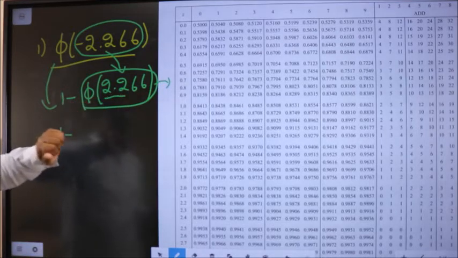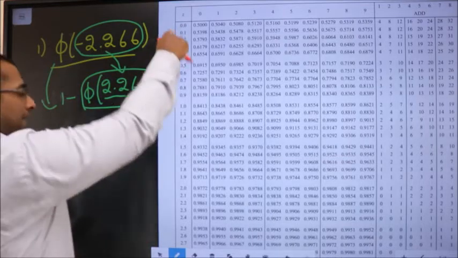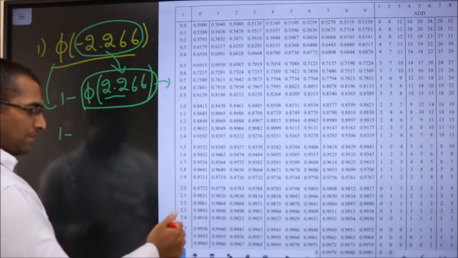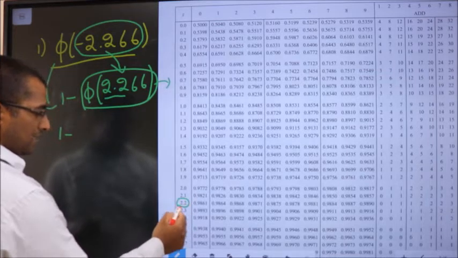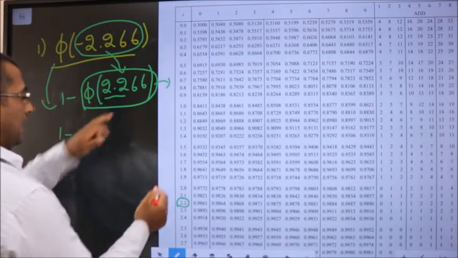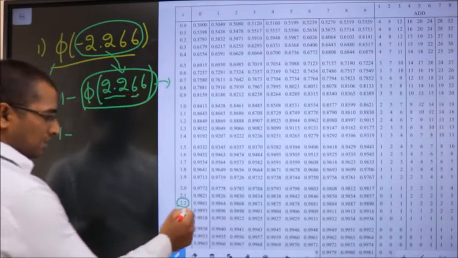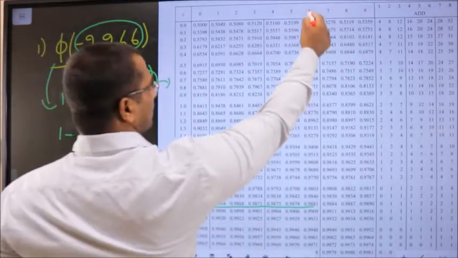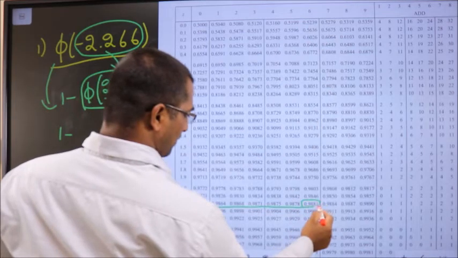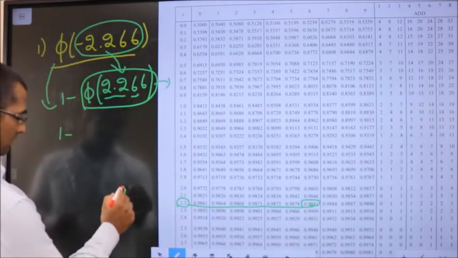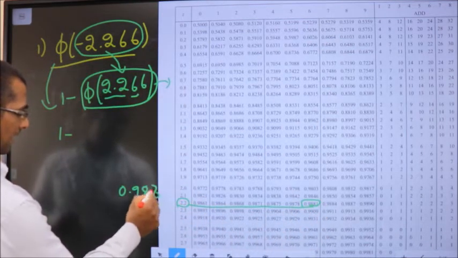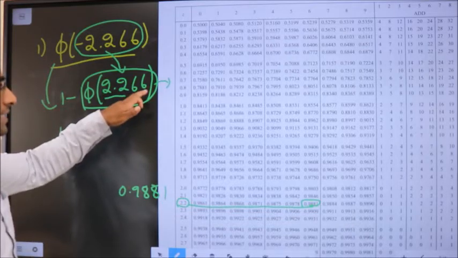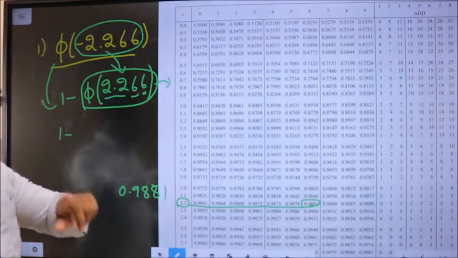So starting with 2.2. In this column, where do you come across 2.2? That is here. And next decimal is 6. So in the same row, where do you come across 6? Here. The value is 0.9881. After 6, what decimal do you have? 6.